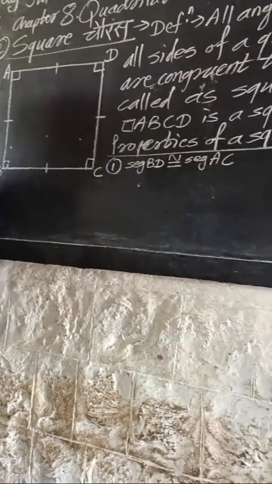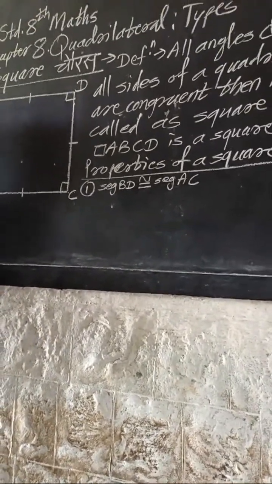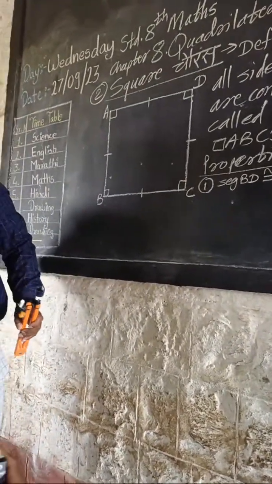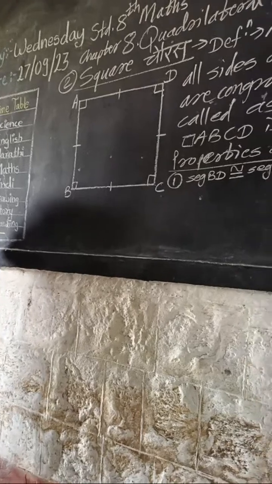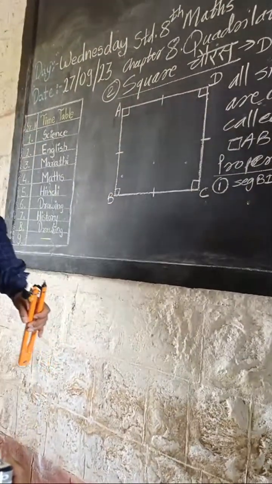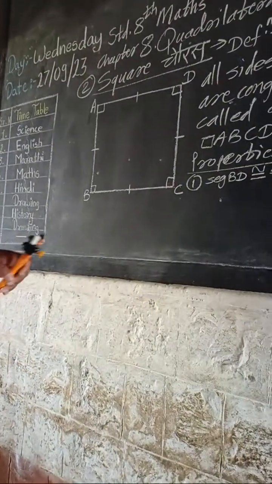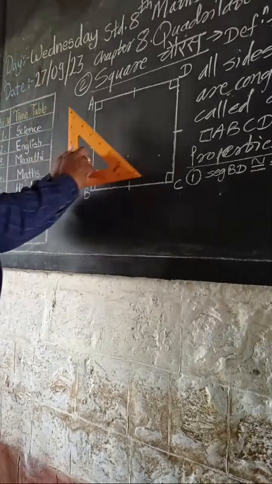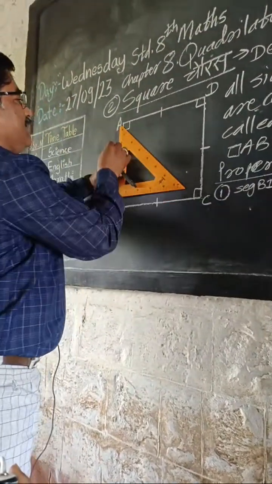Then what do we write as the conclusion for the diagonals? Correct. The diagonals of a square are congruent.